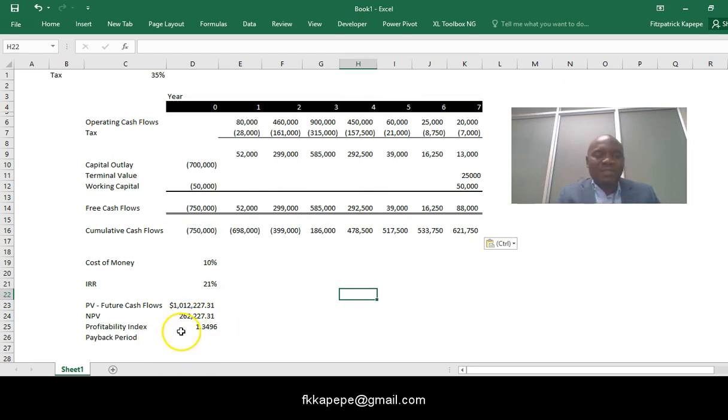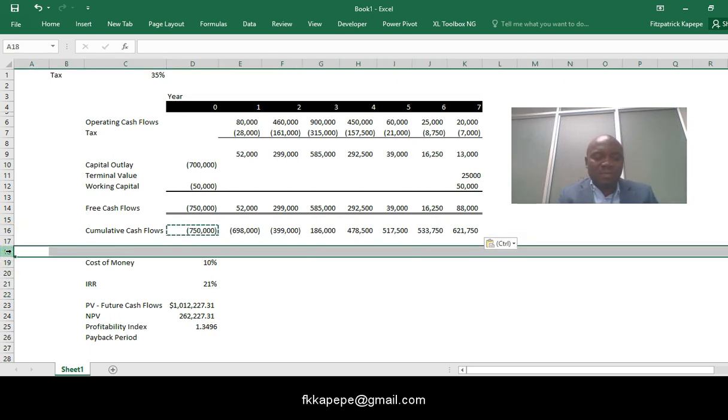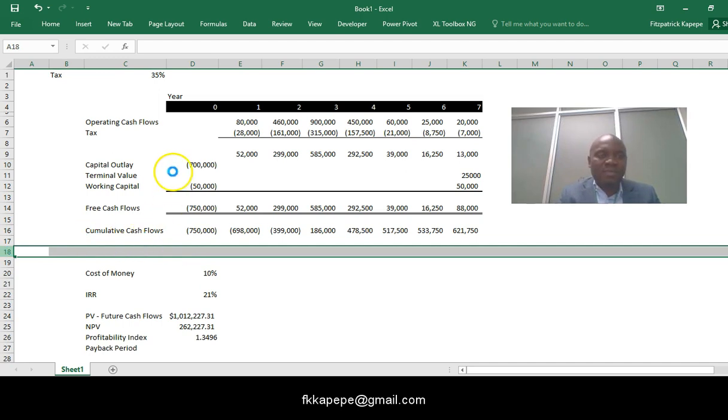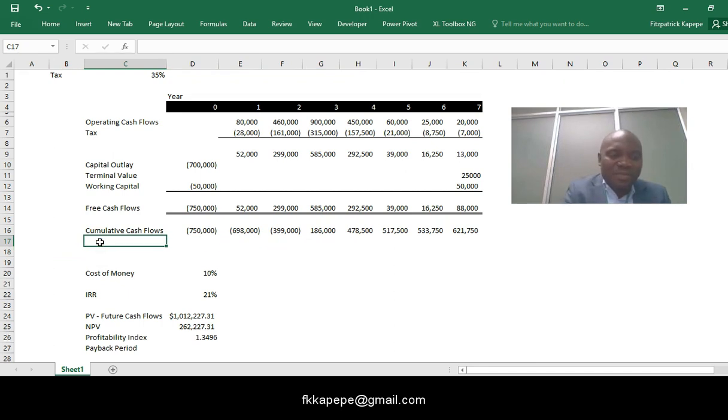Okay, so from there now, some flags. This will be flags. I'll say method 1.